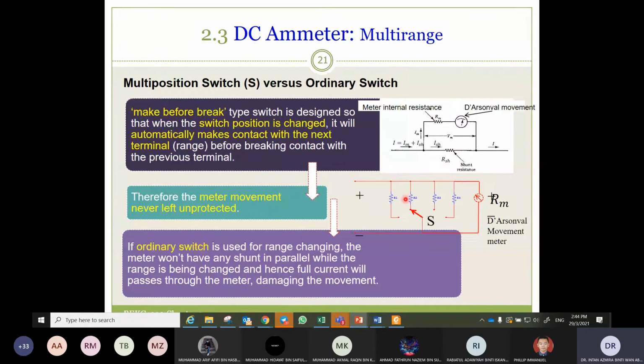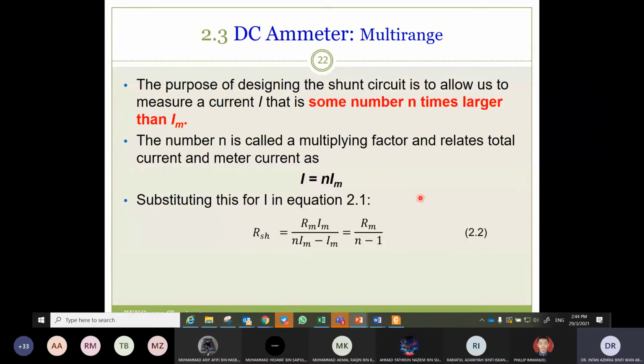This is about the multi-position switch versus the ordinary switch. The meter movement is never left unprotected because of the usage of this switch.